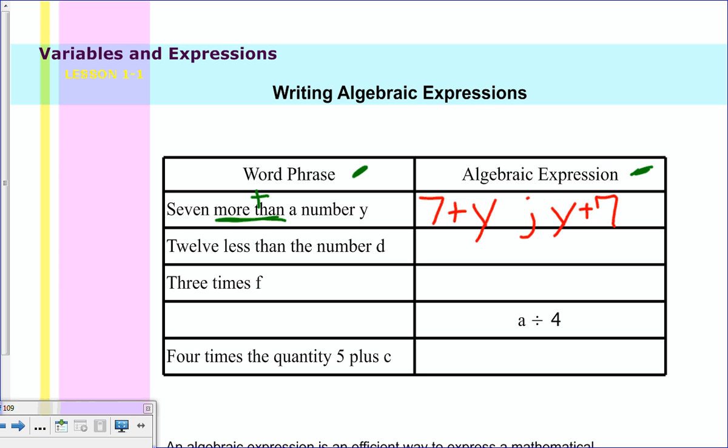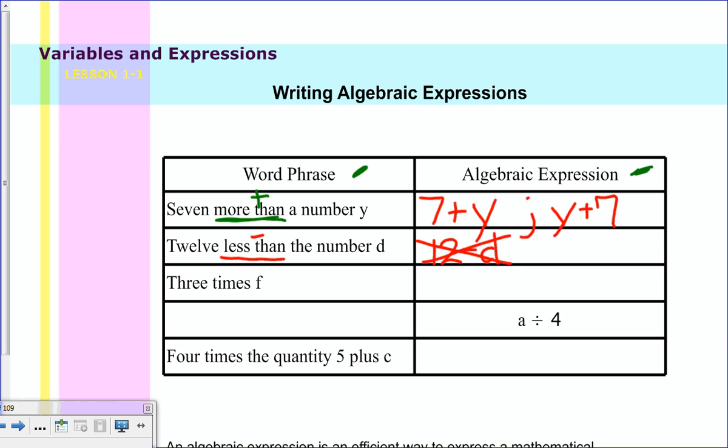Then we have the second one here, 12 less than the number d. And again, we're looking for those key words, and if you underline them, if you want to do this at the same time as I am, you should find less than. Again, look back at your list. Less than means to subtract. Now, when you're subtracting, you have to be careful, because some people will just want to write 12 minus d.